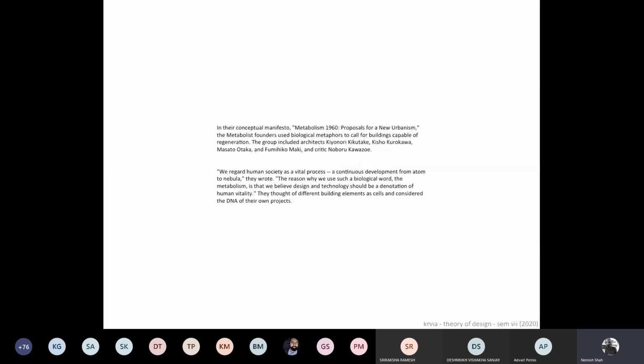manifesto, that they regard human society as a vital process, a continuous development from atom to nebula. The reason why we use such a biological word, the metabolism, is that we believe design and technology should be a denotation of human vitality. They thought that design and technology represents the humanity of people.